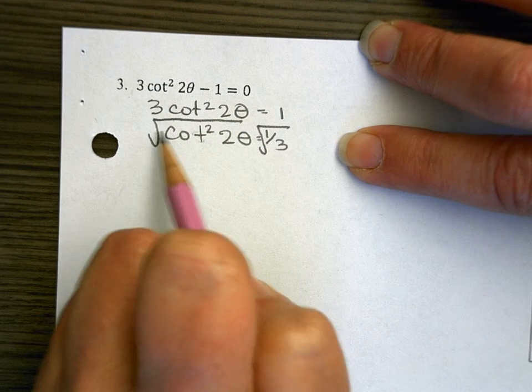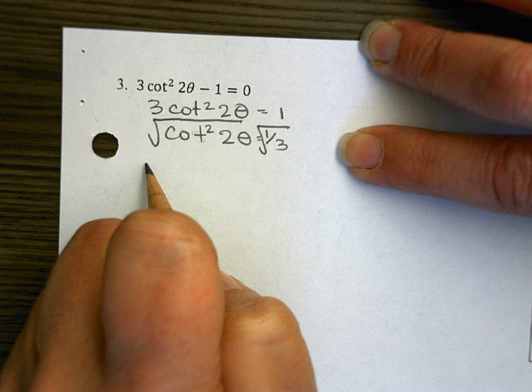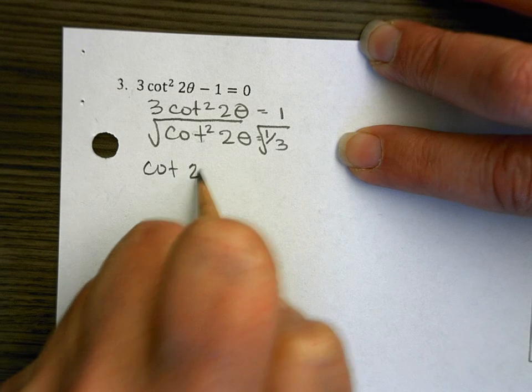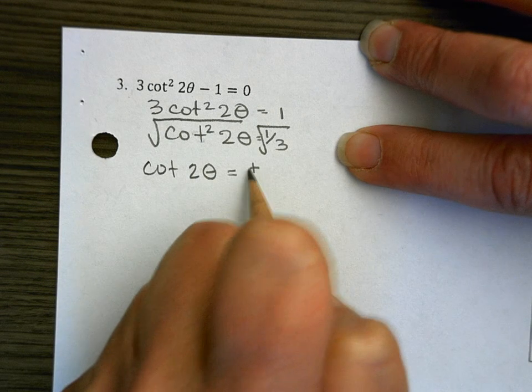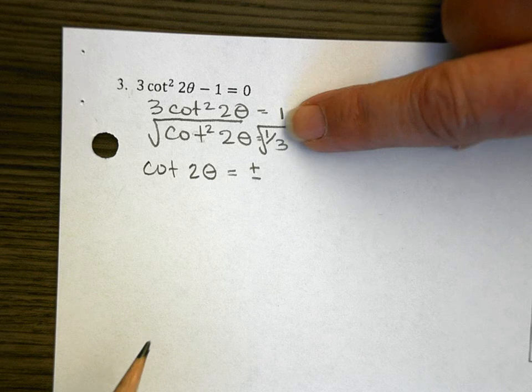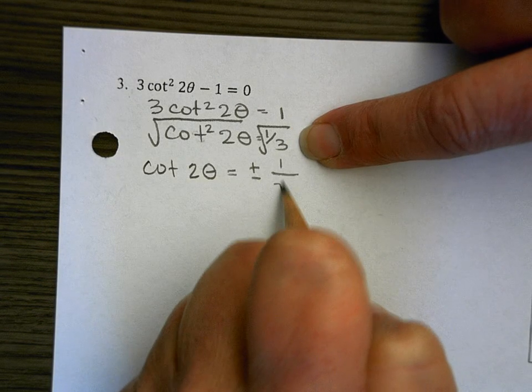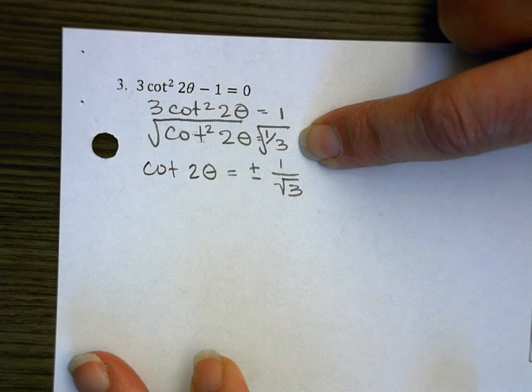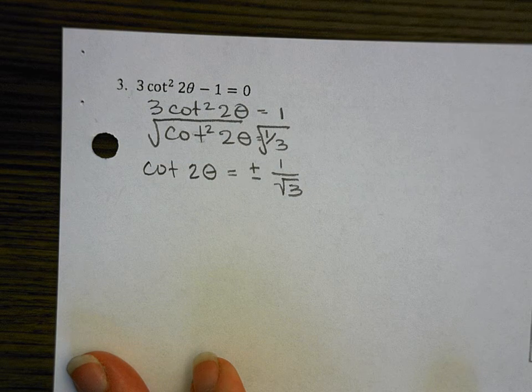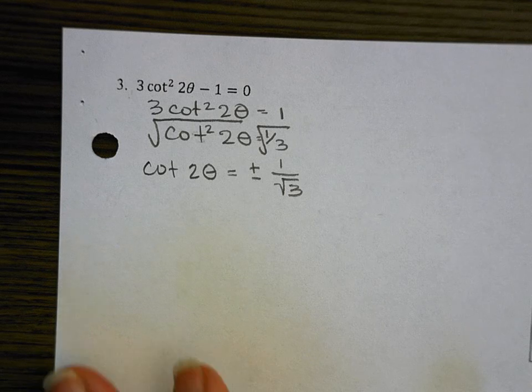So normally this would be absolute value, right? So if it's absolute value, then that's just going to make this a positive or a negative, right? So then I want to square root 1, which is just 1, and then the square root of 3 is just the square root of 3. So now for cotangent, I'm looking to see where does cotangent equal 1 over root 3.